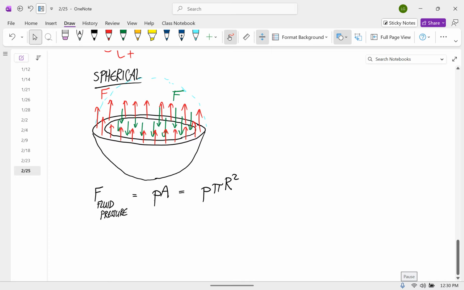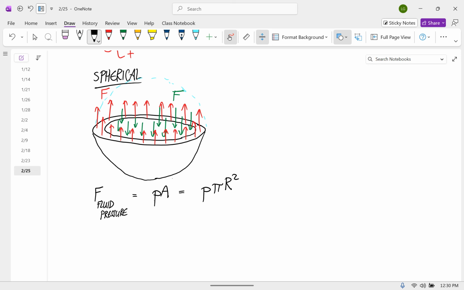So the area is basically just the circumference, right? Well, first we're talking about the force of the fluid pressure, so we're talking about the area of that fluid contact, that inner circle area.